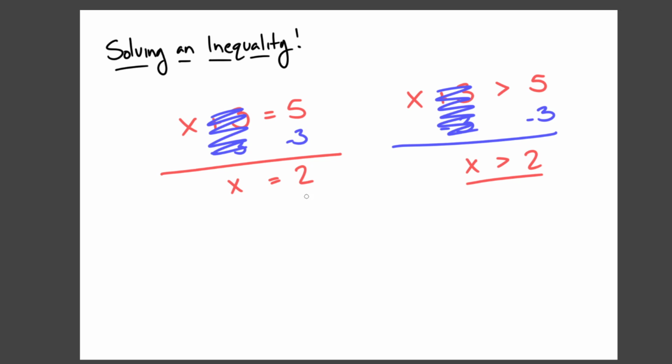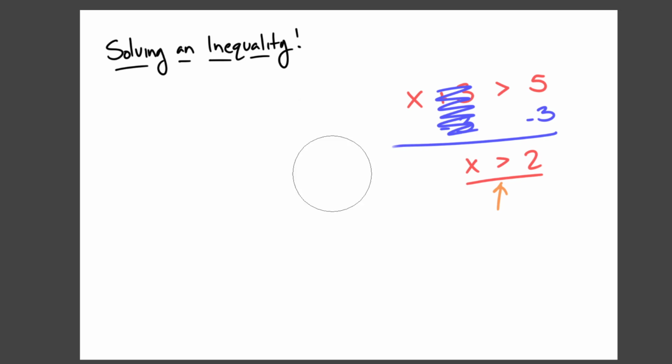I want you to notice that we found these answers by doing the exact same thing. The only difference is the sign between them. In the first equation, x was equal to 2. In the second inequality, it is x is greater than 2. But we solved it the exact same way, which is pretty neat.